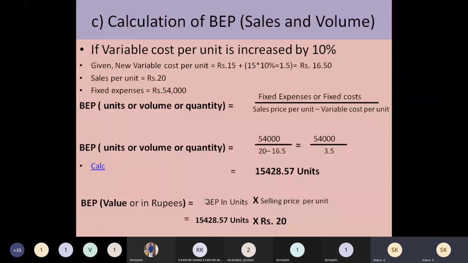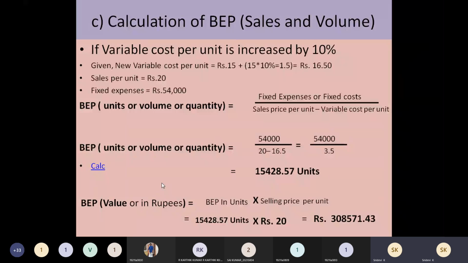So that is what you show here, and you can round it up. That is how you calculate the effect of variable cost on break-even point.